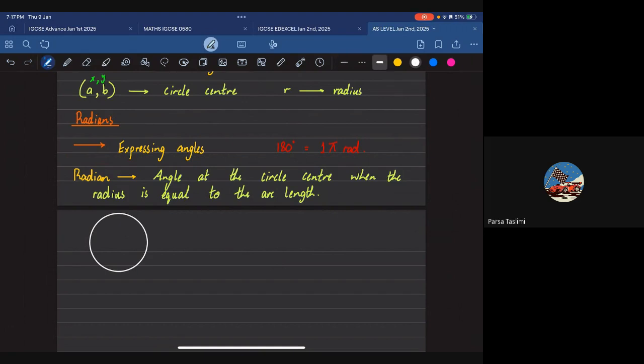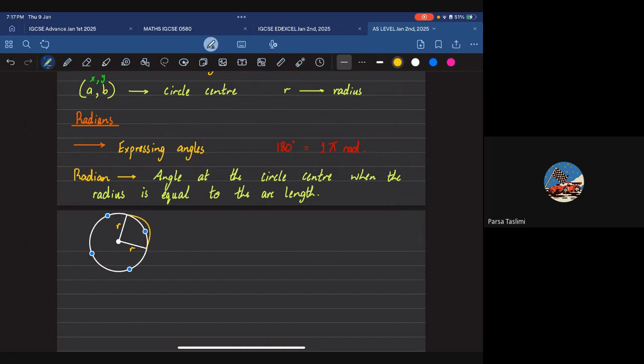This is the circle center. Obviously, you're going to have radiuses using this.